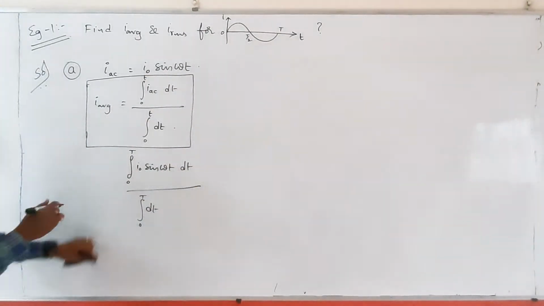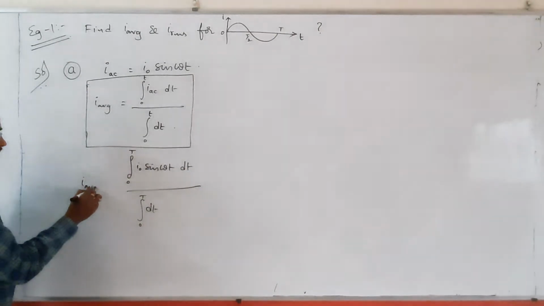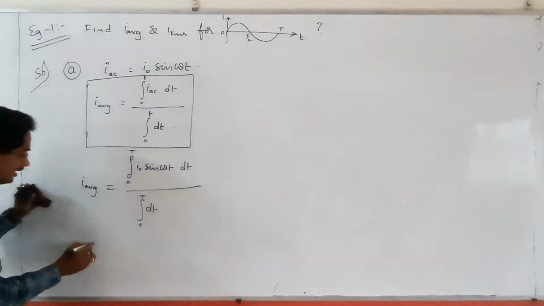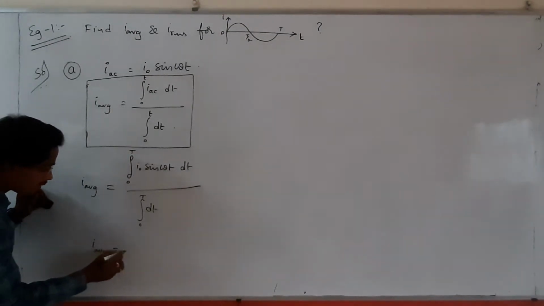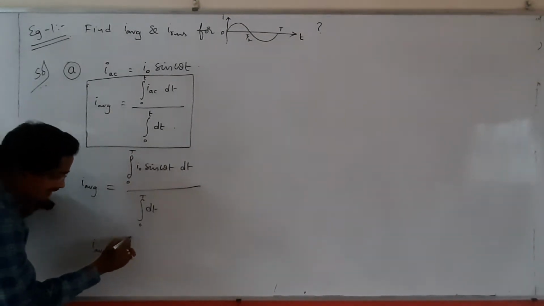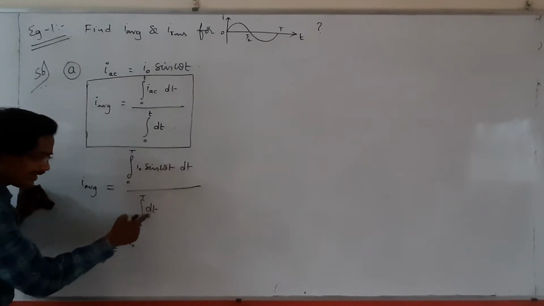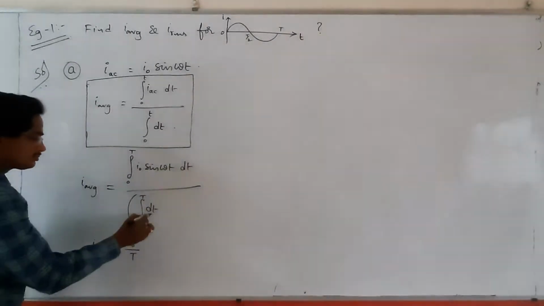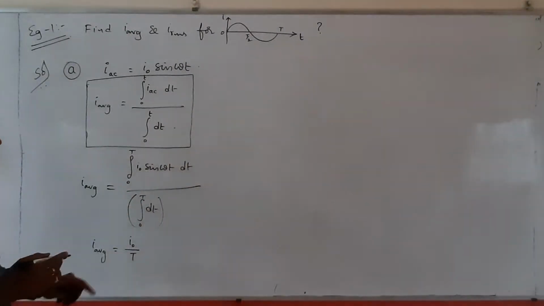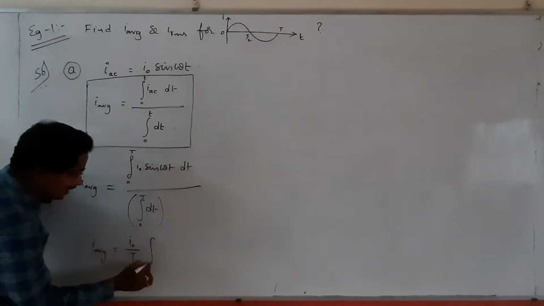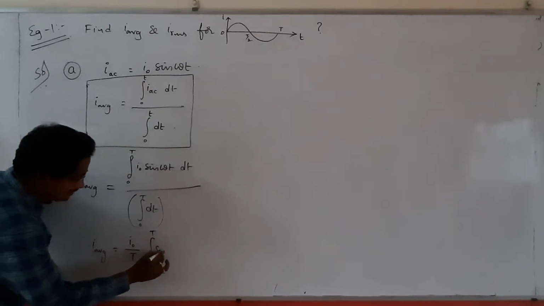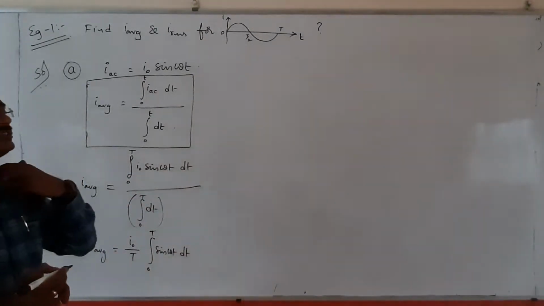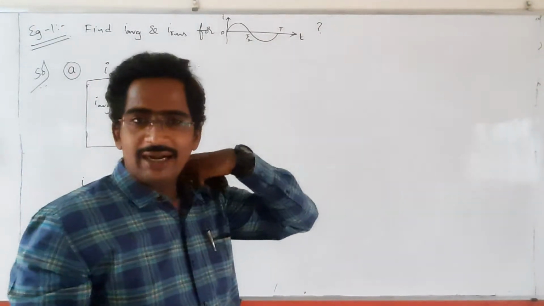So what are we getting then? I average is equal to I naught constant here. Integral 0 to T dt means capital T. Remaining here, integral 0 to capital T sin omega t dt.